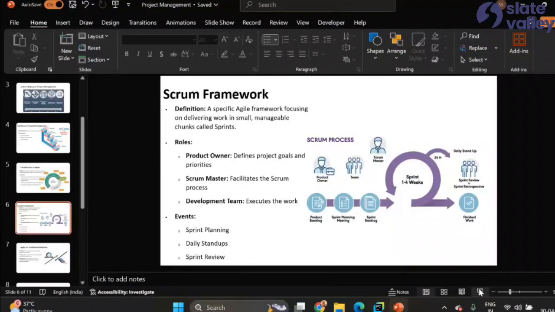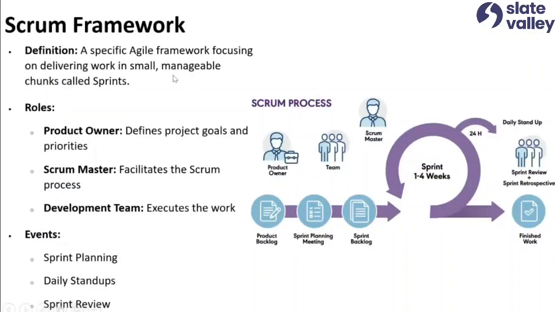So let's talk about roles of a Scrum team. There is a product owner. The product owner defines project goals and priorities. So there is a person called product owner. He owns the product from a delivery perspective.